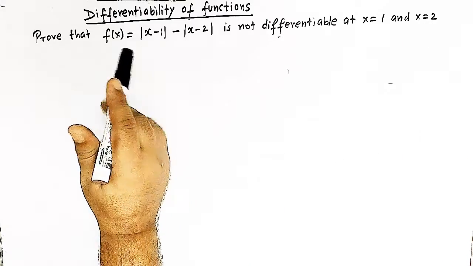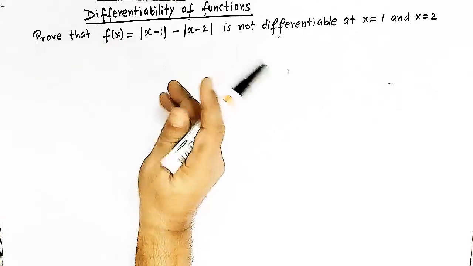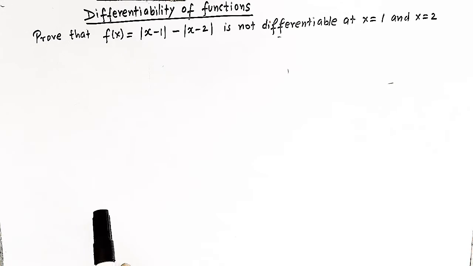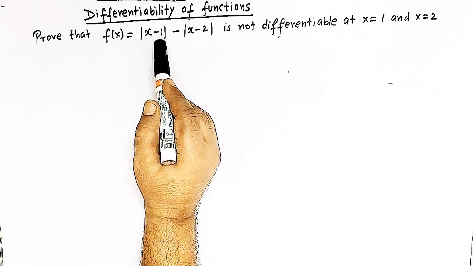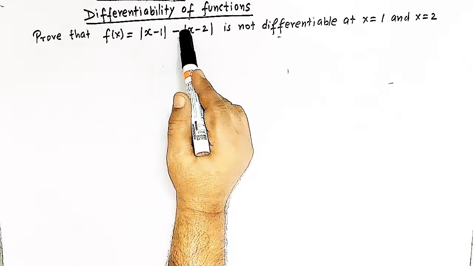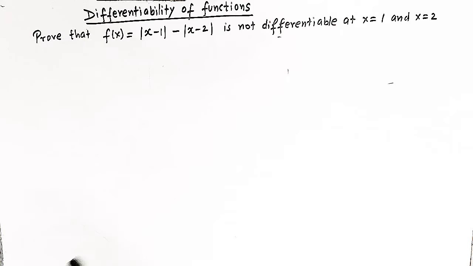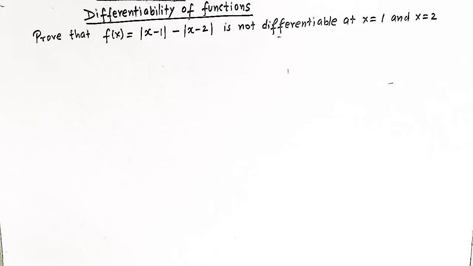So here we have to show that this function f of x, which is the difference of two absolute value functions, two modulus functions. The first one is mod of x minus 1 and the other is mod of x minus 2, is not derivable at x is equal to 1 and x is equal to 2, right?